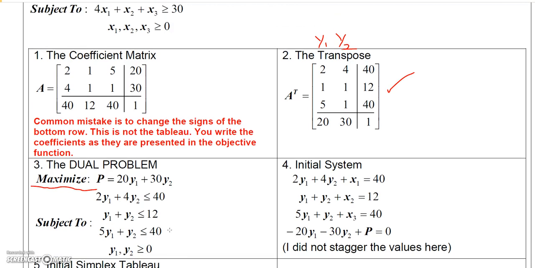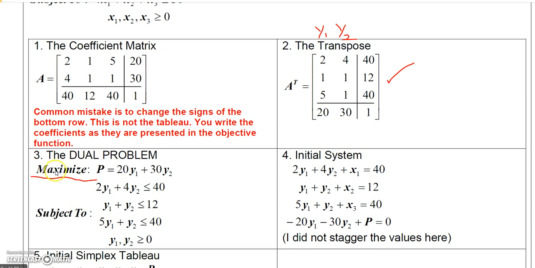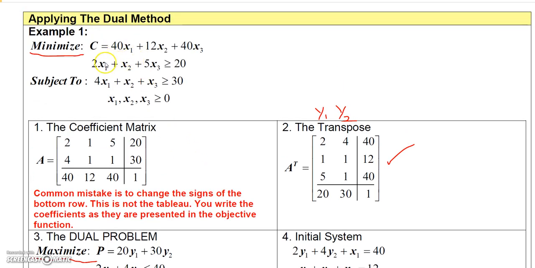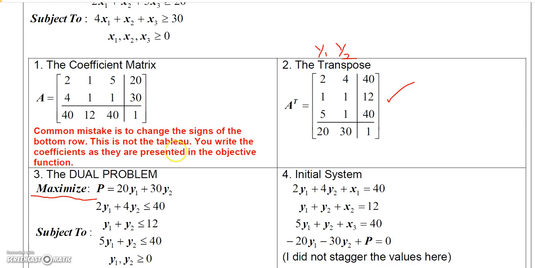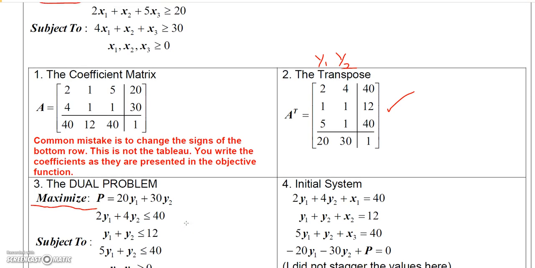Now, don't let it bother you that the dual problem here had only two decision variables, y1 and y2, and the original problem has three variables, x1, x2, and x3, because that's certainly possible. The number of decision variables that you have in the dual doesn't really have anything to do with the number of variables you have in the original problem.